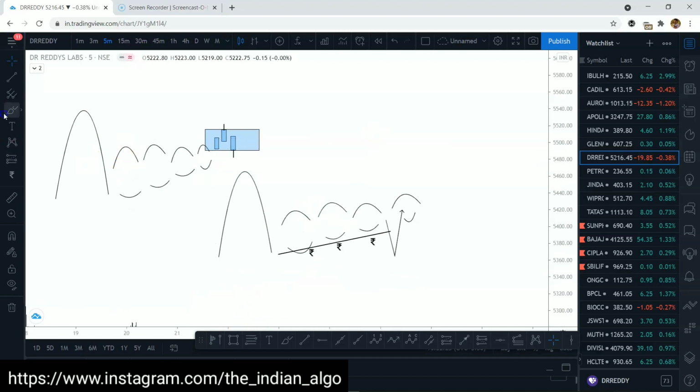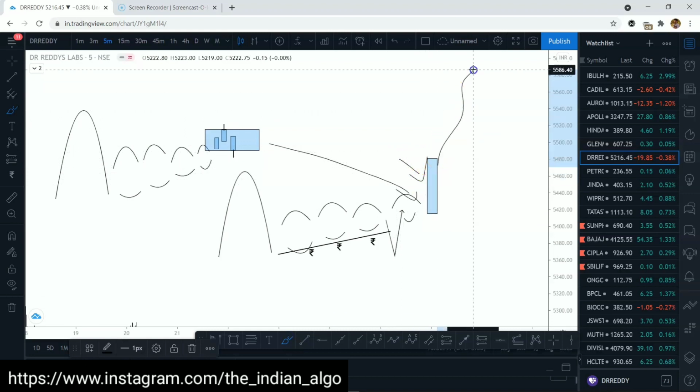And this is the same thing that you'll be looking for here. These are the two entry scenarios that you'll be looking at. Understand, if there is a wide opening candle, do not enter, because maybe 1 out of 10 times it will give you a move, but 8 or 9 out of 10 times it will hit your stop loss, because this is not the move that you are supposed to enter.